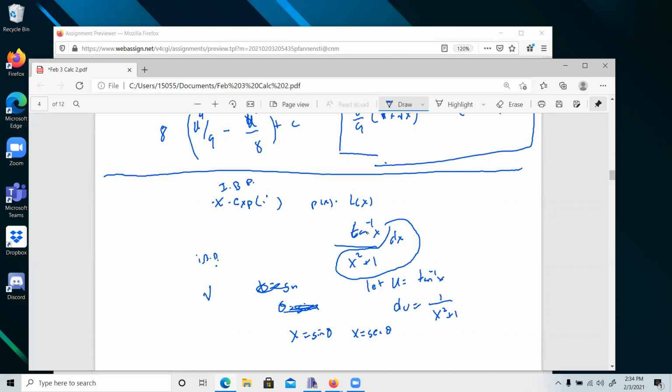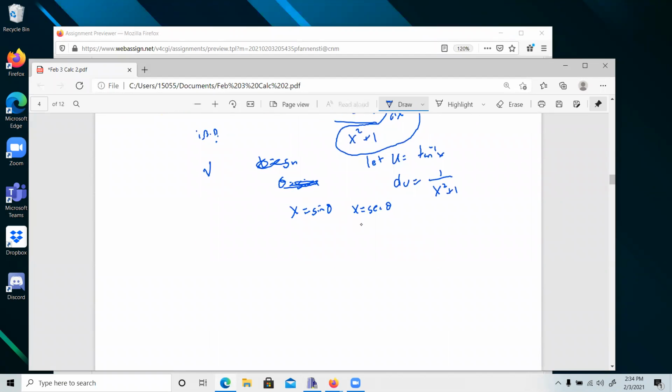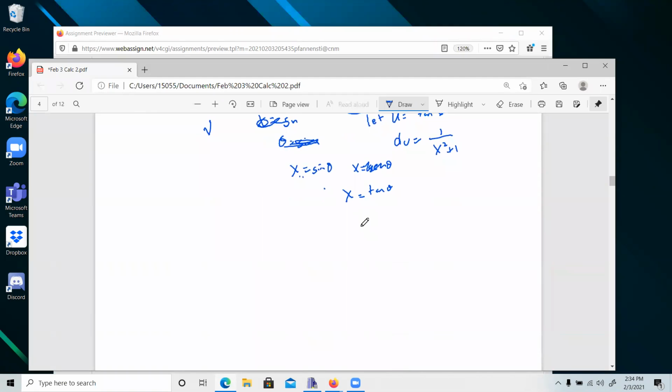Or maybe tangent theta. And then pursuing it from there. So if you have square roots, you want to do something like this, but only after you've explored the substitution thoughts.